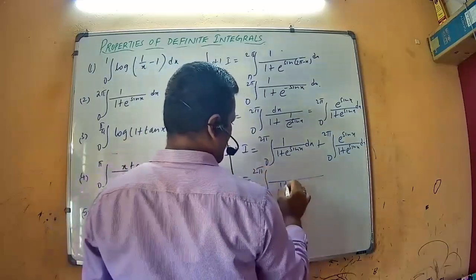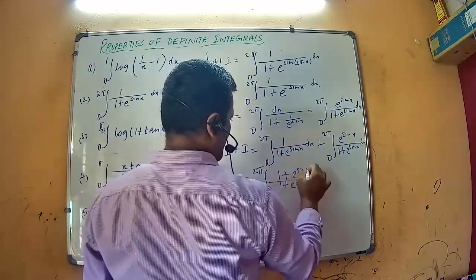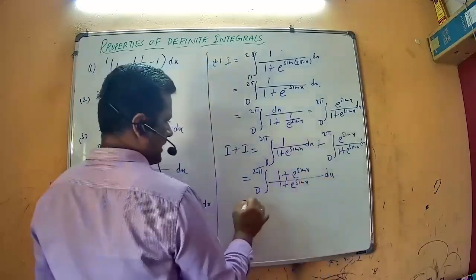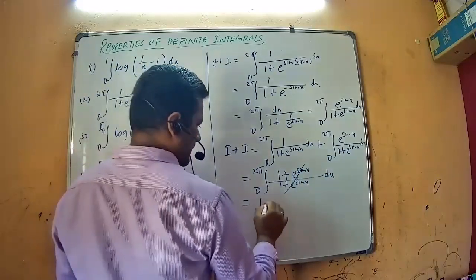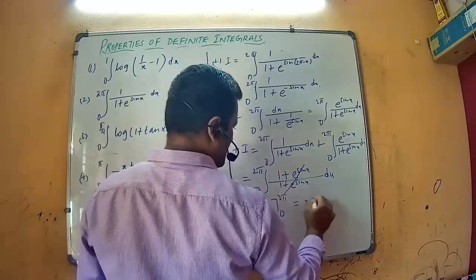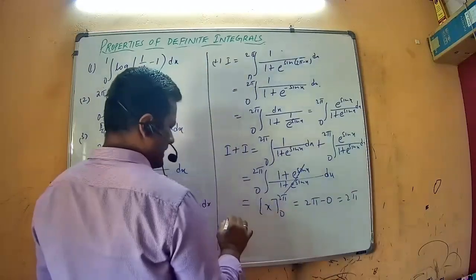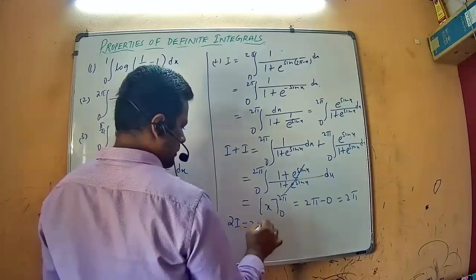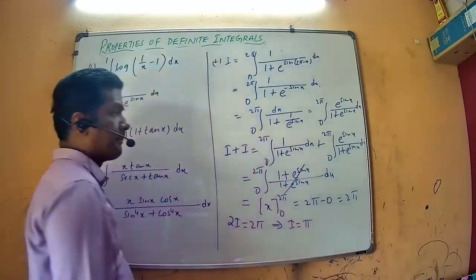The numerator also becomes 1 plus e power sin x, so you are left with just dx. The integral of dx is x within the limits 0 to 2 pi. So this is 2 pi minus 0, which is 2 pi. The left side is 2I equal to 2 pi, so the value of the integral is I equal to pi.